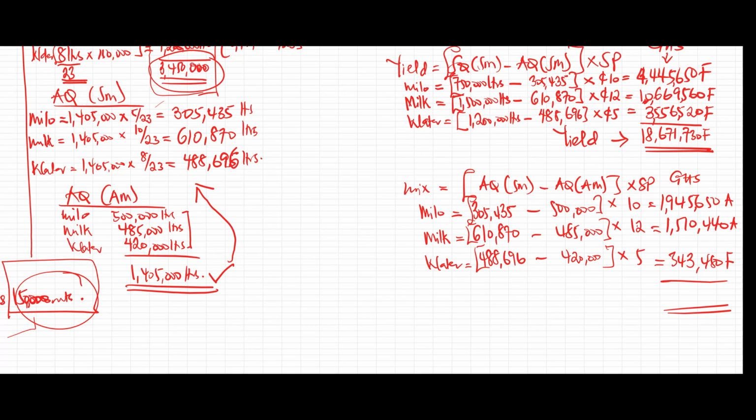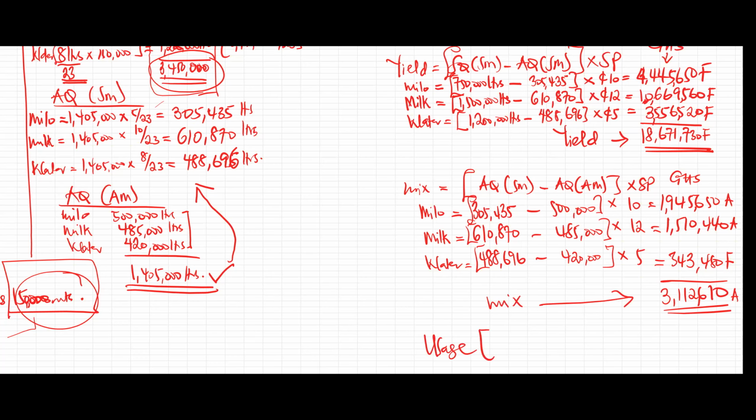Adverse overall, 112,610. So that is the mix variance.